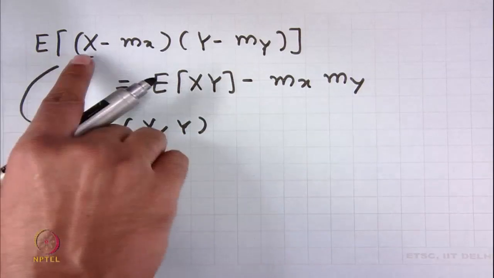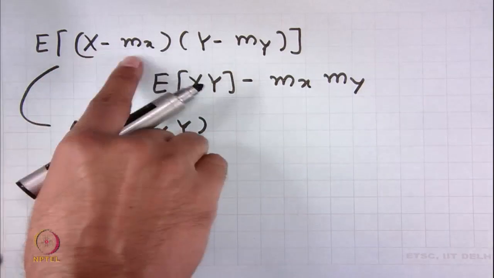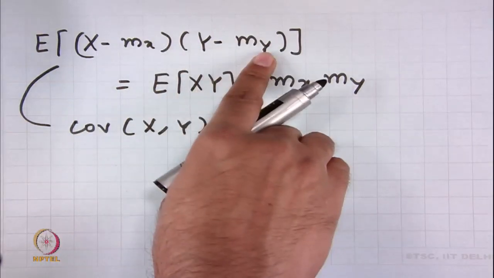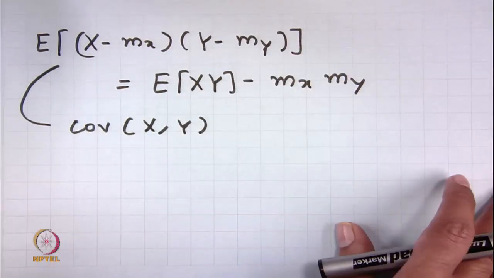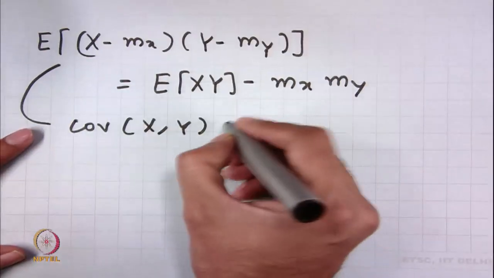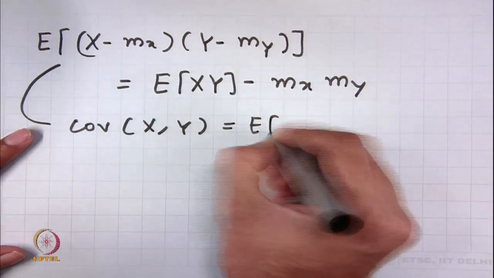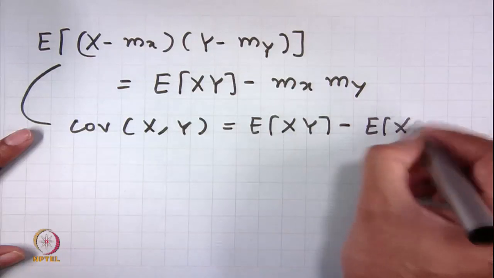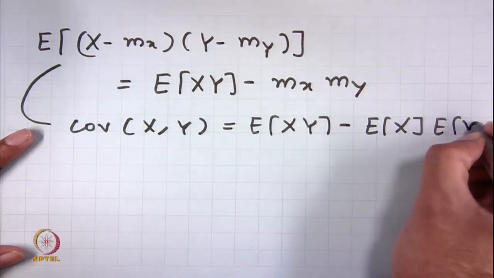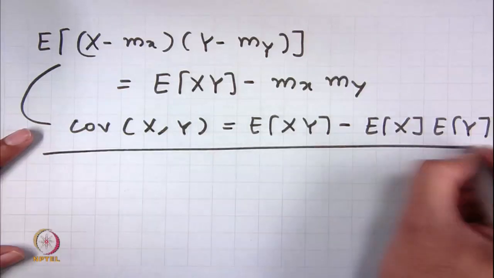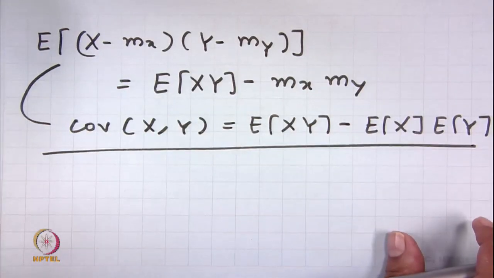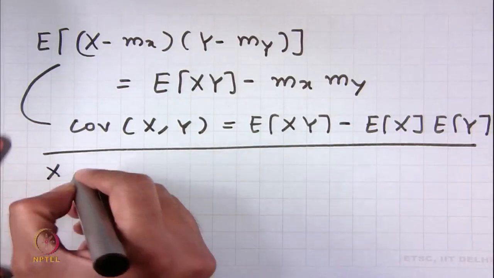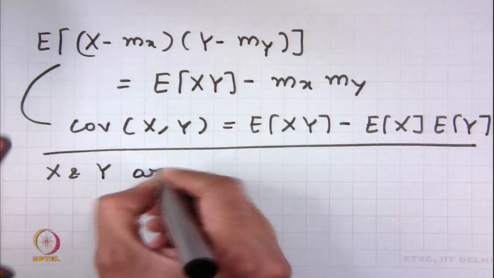It is the expected value of x minus mx, where mx is the mean of that random variable, into y minus my, where my is the mean of the random variable y, and this quantity, the covariance of the two random variables, is nothing but this. Okay.